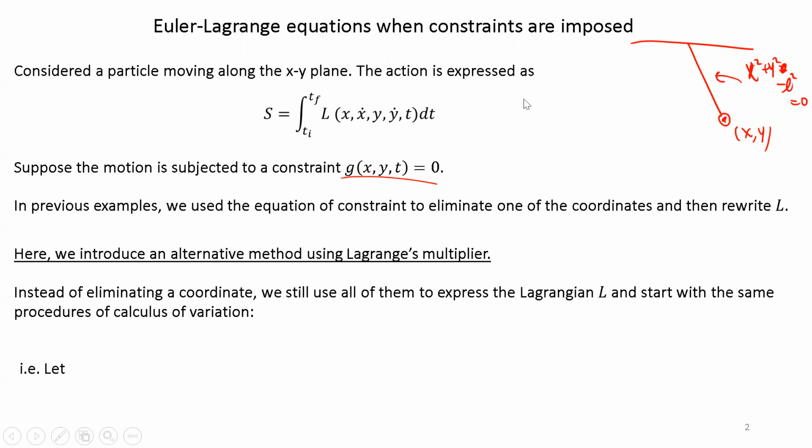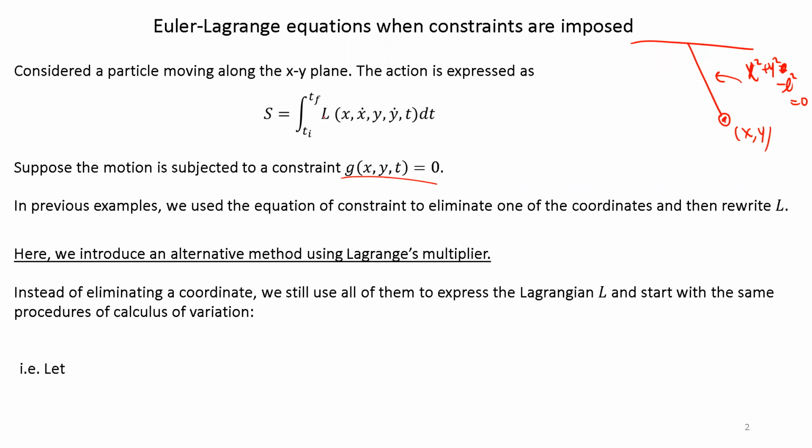So previously, whenever we see a problem like this, what we do is that we no longer express this Lagrangian in terms of two variables. We basically know that we just have one independent variable, and we consider this in the first place.